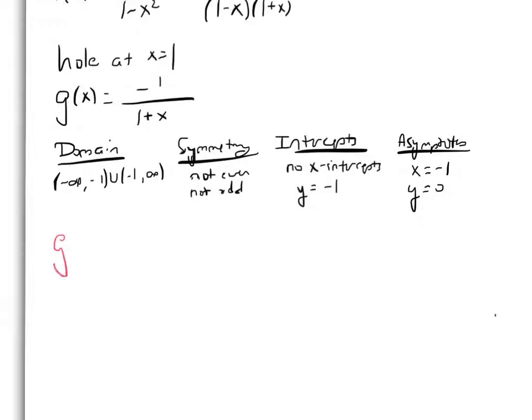So let's find our first derivative. Maybe before I do that, I'm going to rewrite g of x as negative 1 times x plus 1 to the negative 1. So g prime would be positive 1 times x plus 1 to the negative 2.